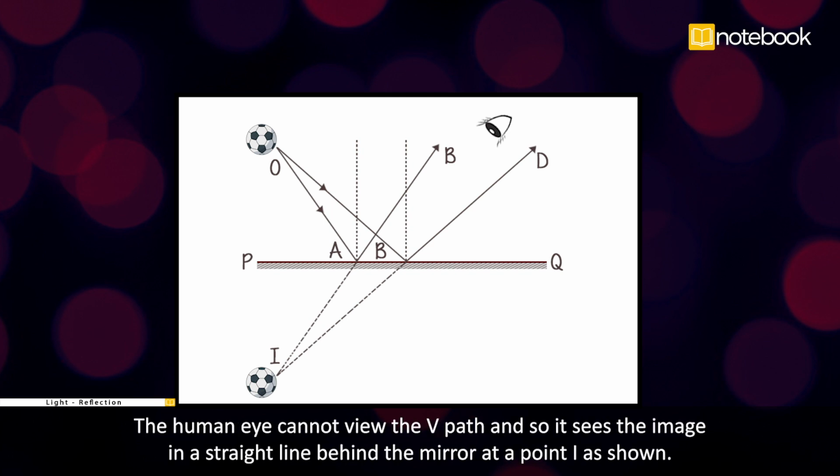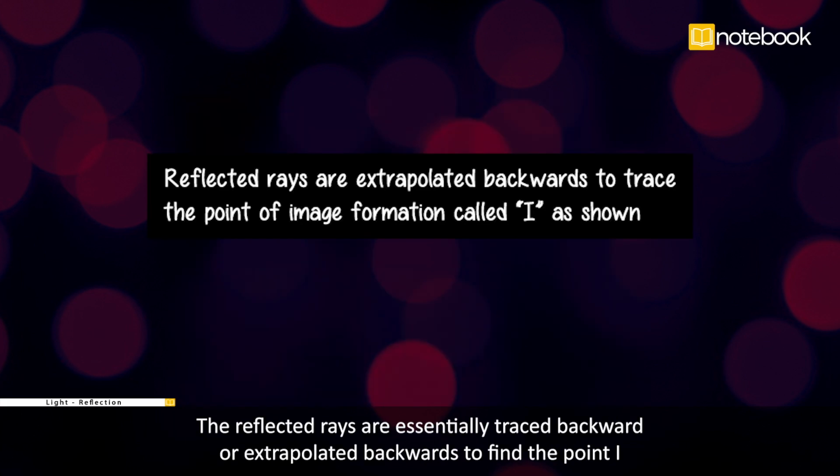The human eye cannot view the V path and so it sees the image in a straight line behind the mirror at a point I as shown. The reflected rays are essentially traced backwards or extrapolated backwards to find the point I.